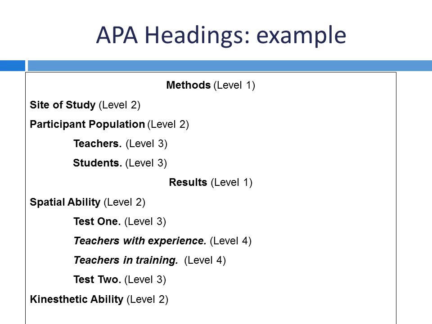So we have our second level headings, which are bold, but they are on that left-hand margin. So site of study, participant population, spatial ability, kinesthetic ability, those are level 2 headings, and those are flush left and in bold. The level 3 headings you can see as well as the level 4 headings, which you may or may not need.